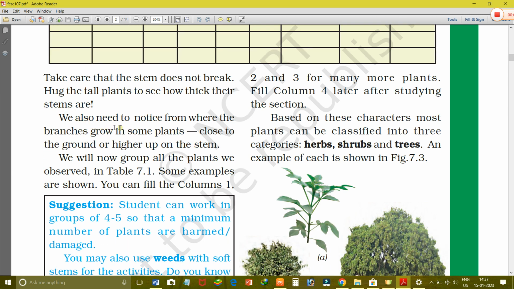We also need to notice from where the branches grow. In some plants, close to the ground, or higher up on the stem. We will now group all the plants we observe in table 7.1.